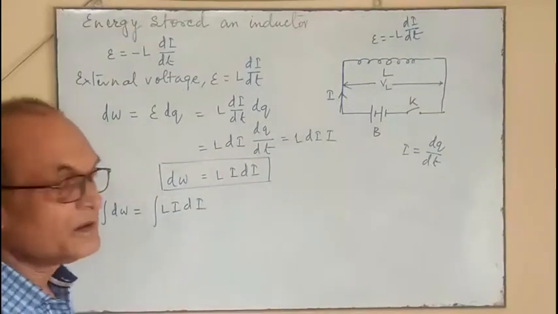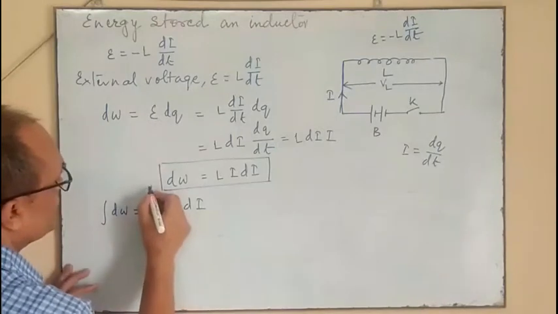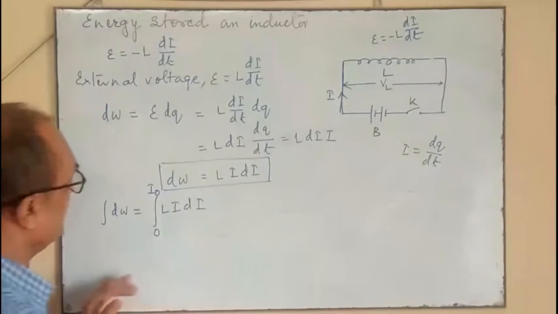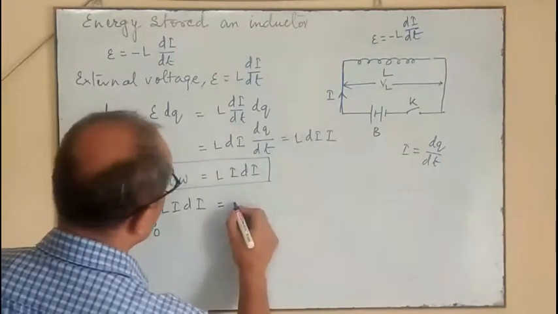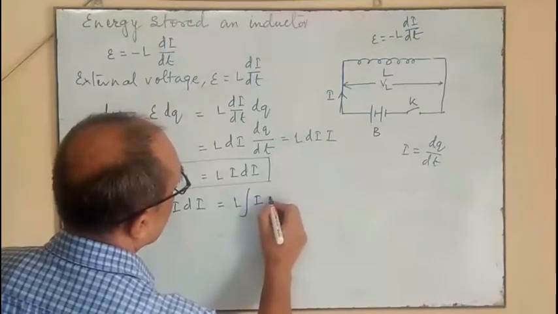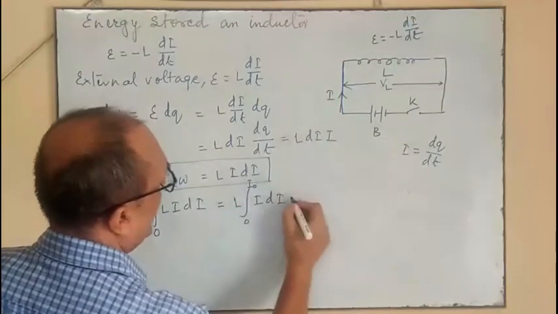Here 0 is the minimum current and suppose I naught is the maximum current. We take out the constant L, which will not change, then L times the integration of I di.